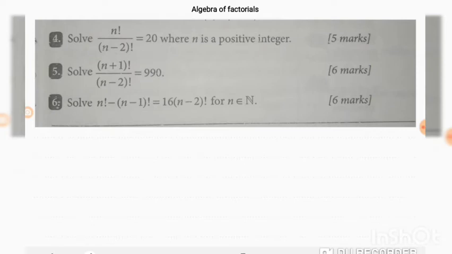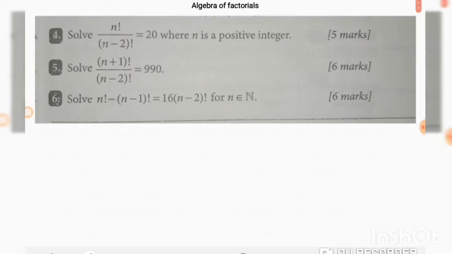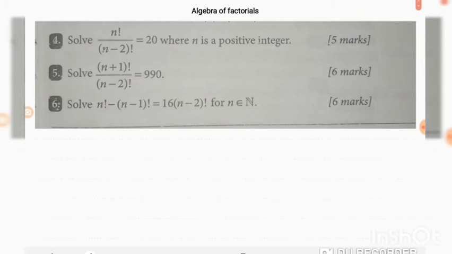For number 4, how do you solve n factorial over n minus 2 factorial? Before you solve this one, I'm going to give you the key point for this topic. When you have n factorial, it simply means n times n minus 1 factorial, or you can write n factorial equals n times n minus 1 times n minus 2 factorial, and so on.